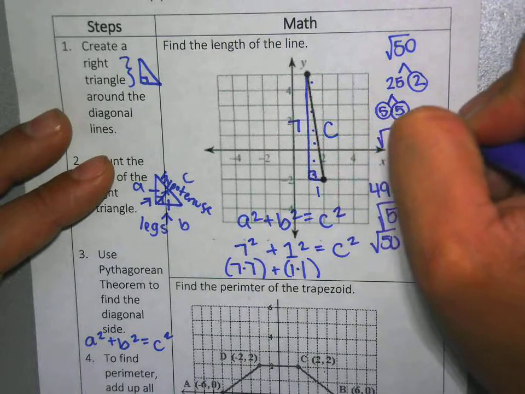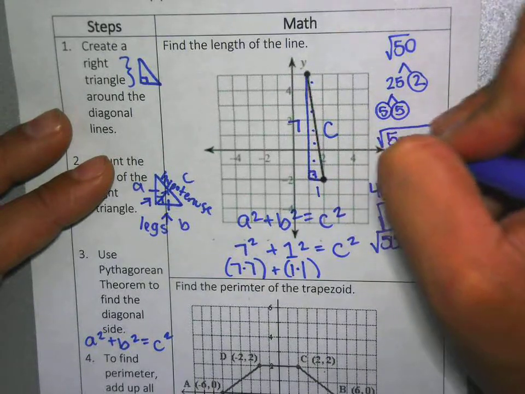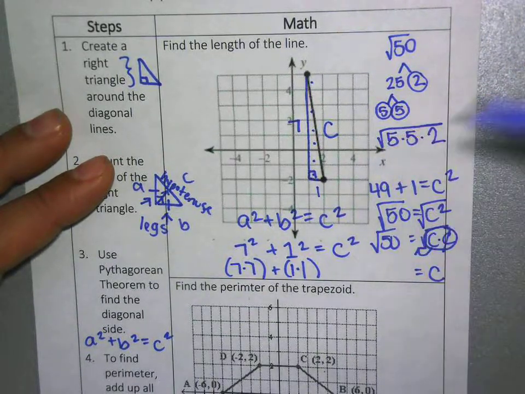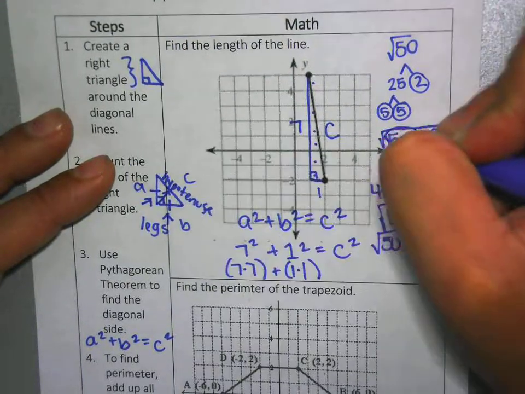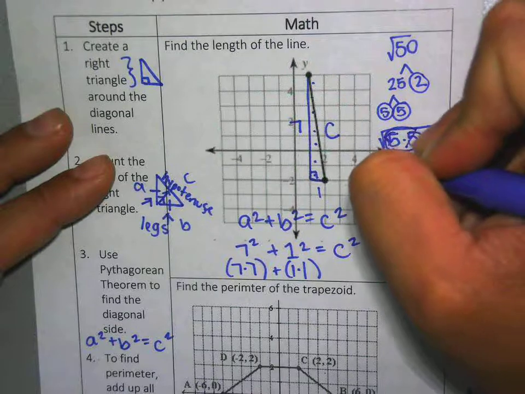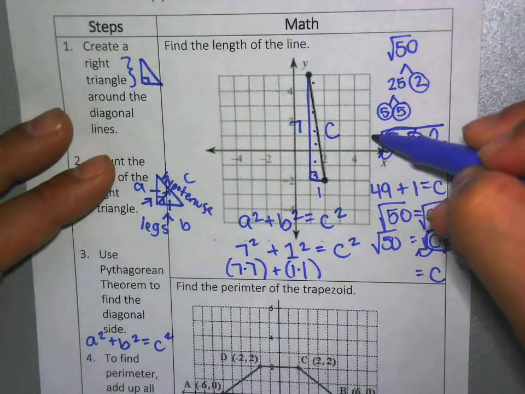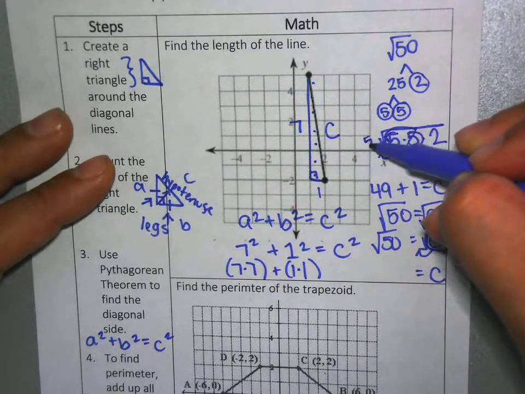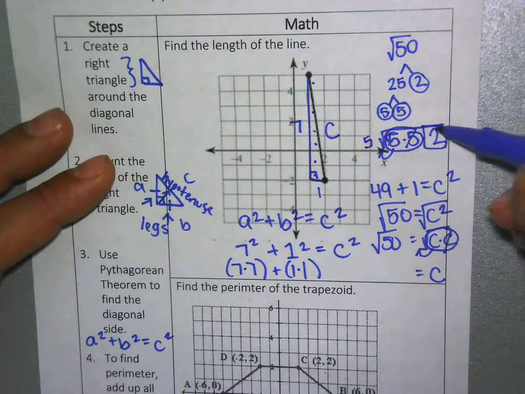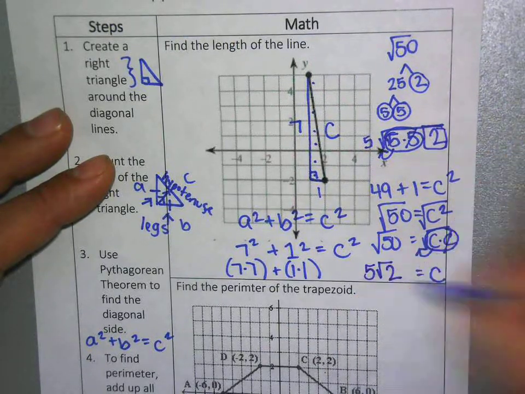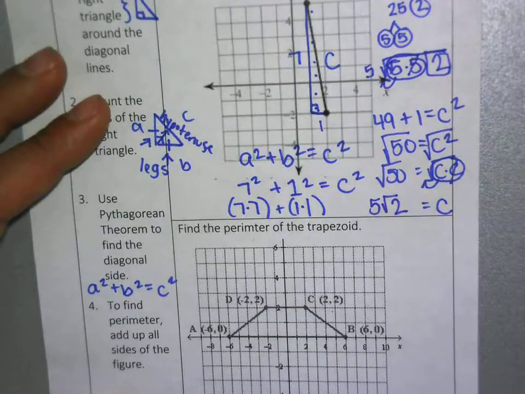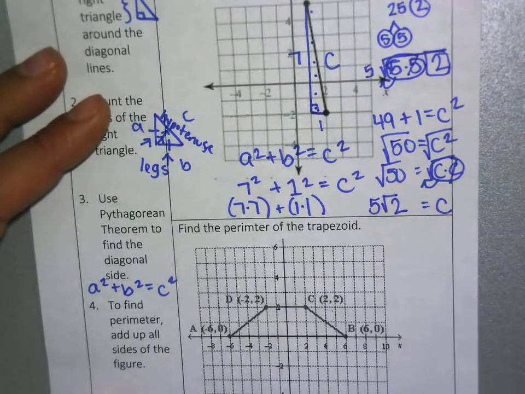I'm now going to put all my prime numbers inside of my radical, and I'm going to take out pairs. So 5 and 5 create a pair. 1 dies, 1 escapes. So we'll be left with a 5 on the outside, but 2 remains on the inside because it had no pair, giving us 5 square root of 2.